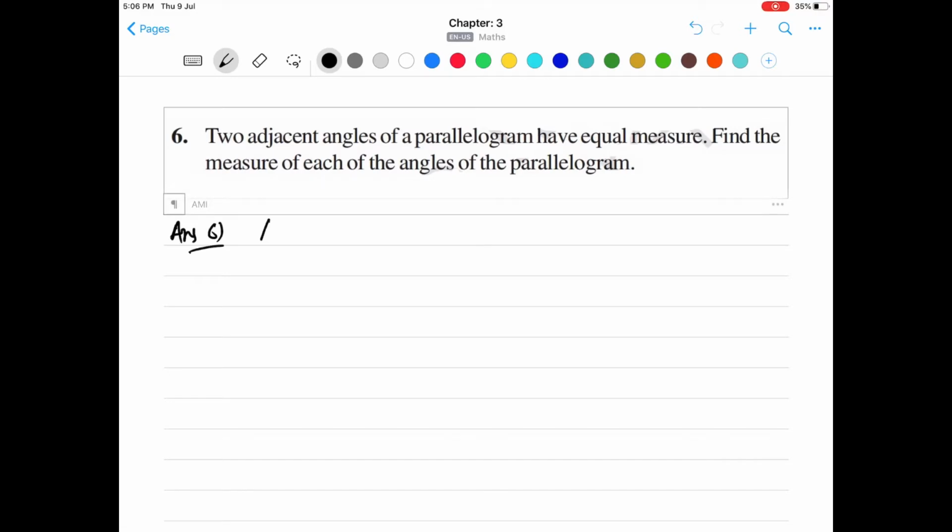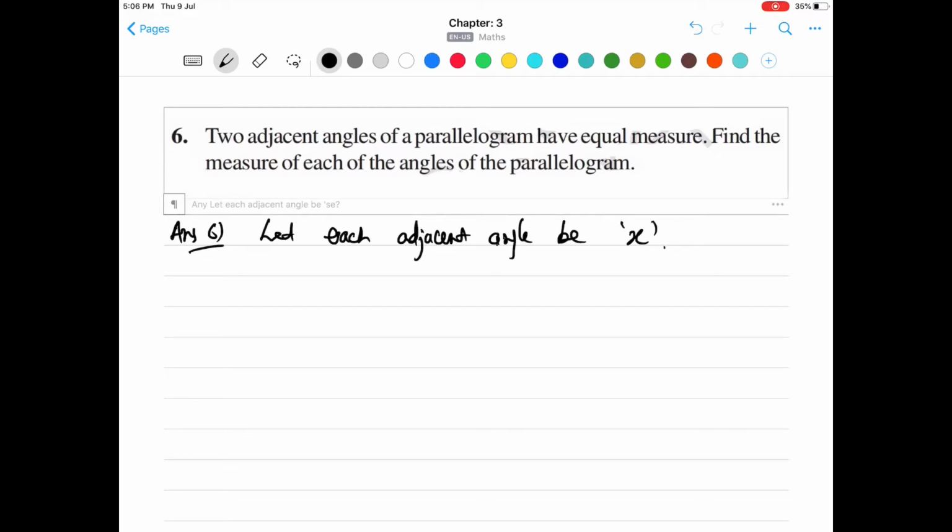So let's assume each adjacent angle be x.